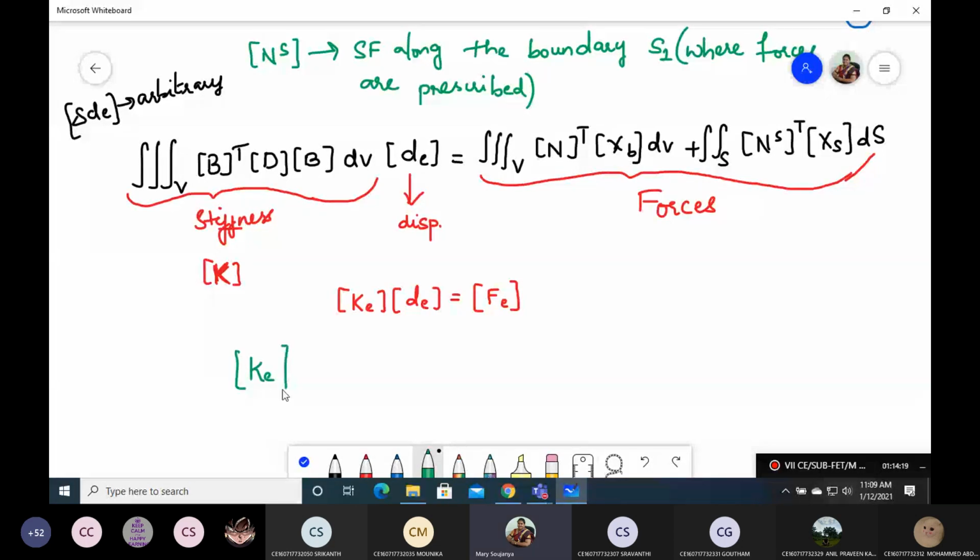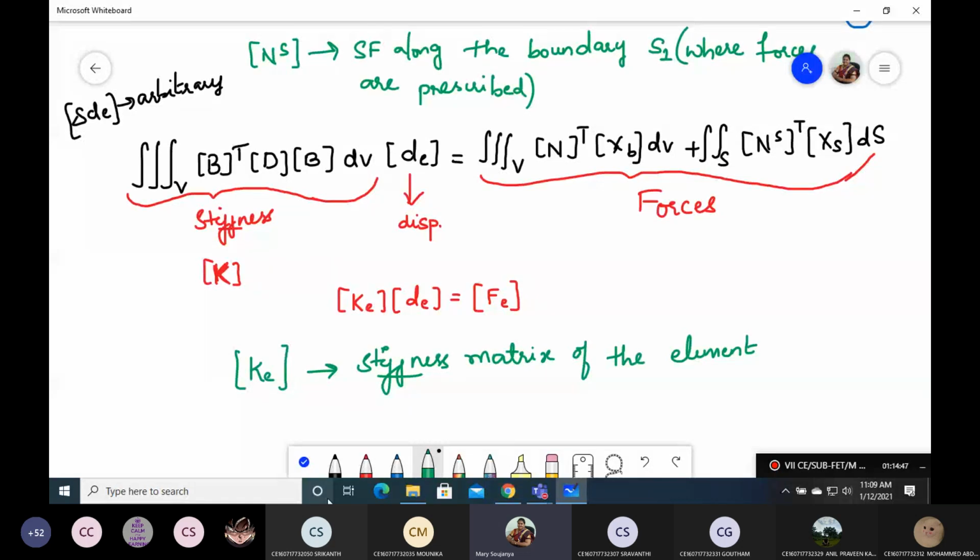KE is the stiffness matrix of the element.